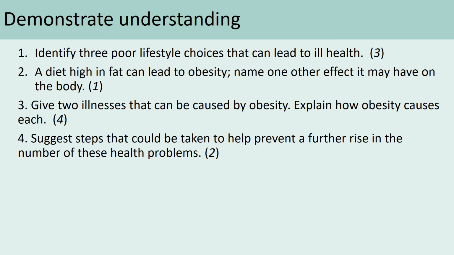Number 3, give 2 illnesses that can be caused by obesity and explain how obesity causes each. And number 4, suggest steps that could be taken to help prevent a further rise in the number of these health problems. So give what you can on that from your own knowledge, from some of the things that we have covered in the lessons, and we'll see how we do.